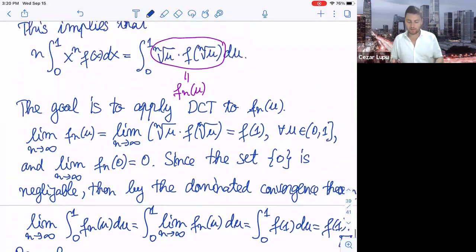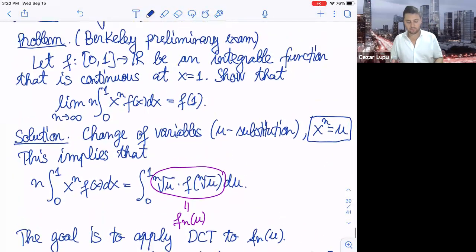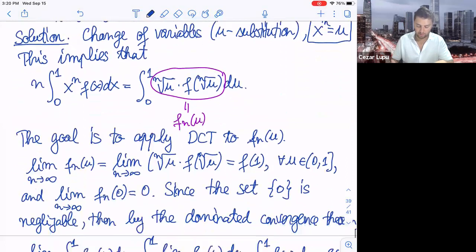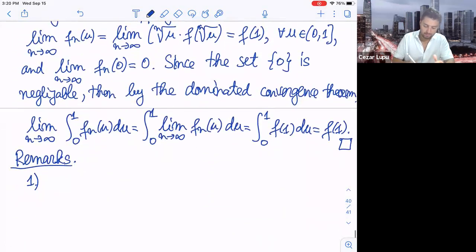Let me go back to the initial problem. Maybe if I don't have this idea of applying the change of variables or u-sub, what if I want to just go directly? What if I consider this function? The question is, can I apply the dominated convergence theorem directly to the function?